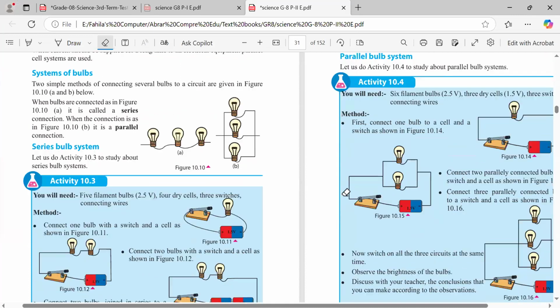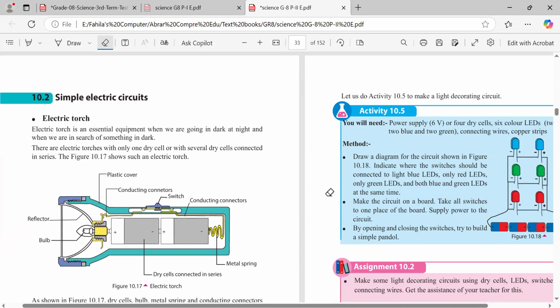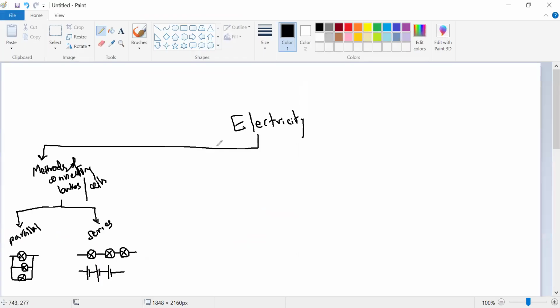Then you will be learning about a simple electric circuit. You will be learning in this lesson about a simple electric circuit, where you will learn, for the current to pass through, what should happen, Putha? The system must be closed.